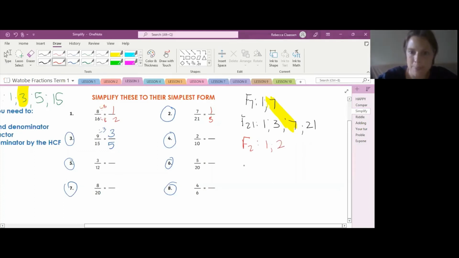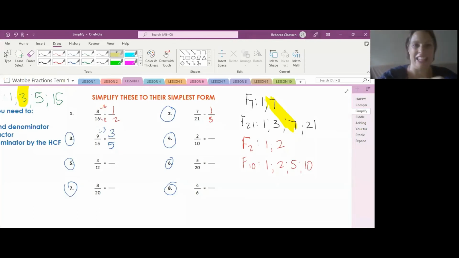And then the factors of 10 are 1, 2, 5 and 10, ma'am. And then my highest common factor is 2.